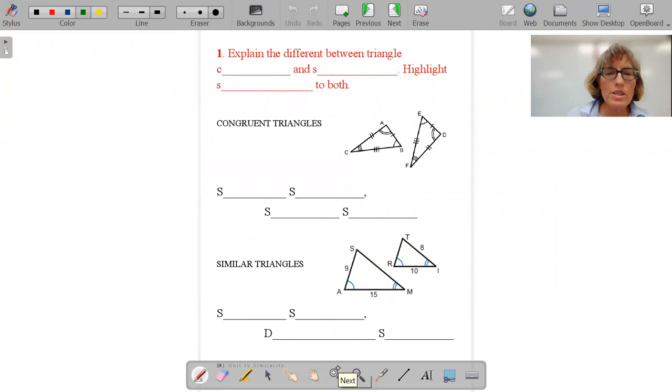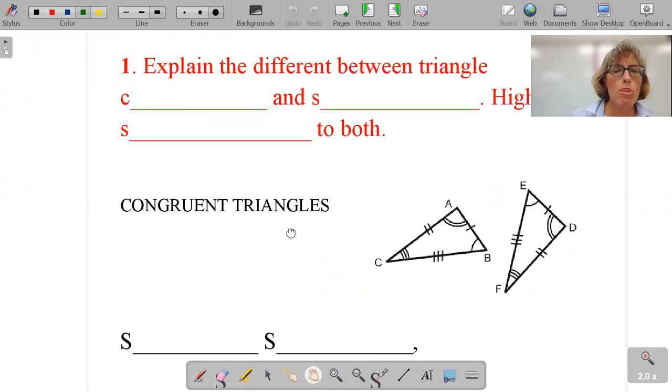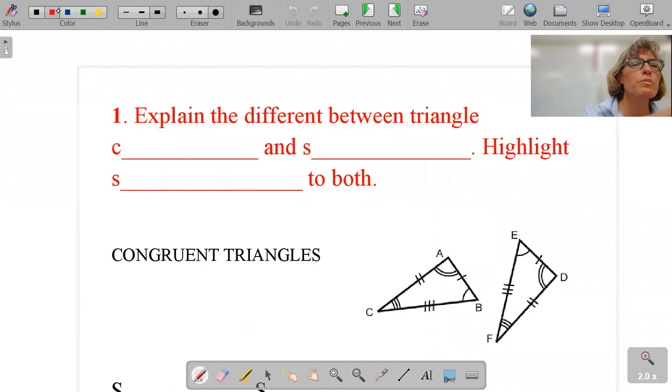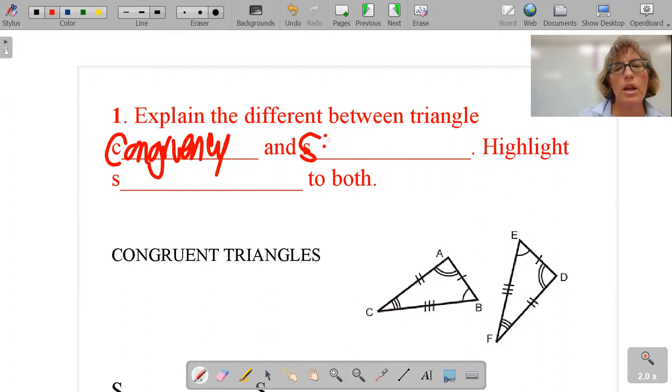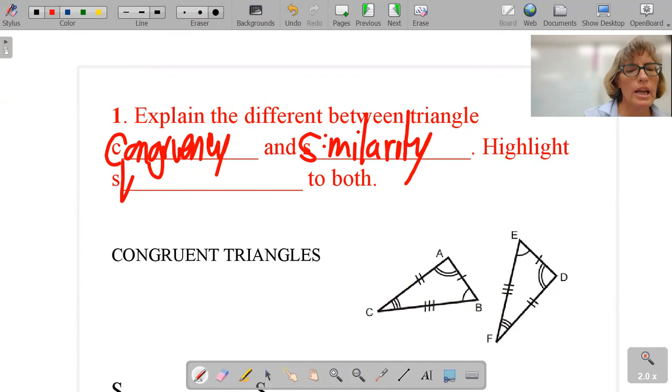Okay, congruency. We're going to explain the difference between congruency and similarity and highlight shortcuts to both.